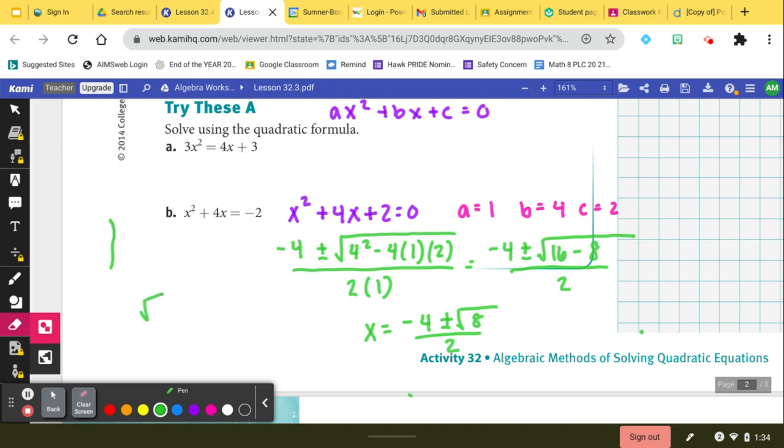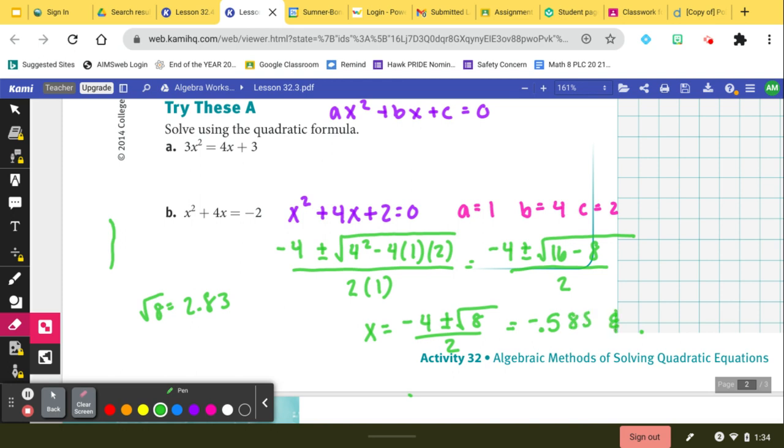So writing that off to the side, square root of 8 is about 2.83. So we have negative 4 plus 2.83 divided by 2. That would give me about negative 0.585.